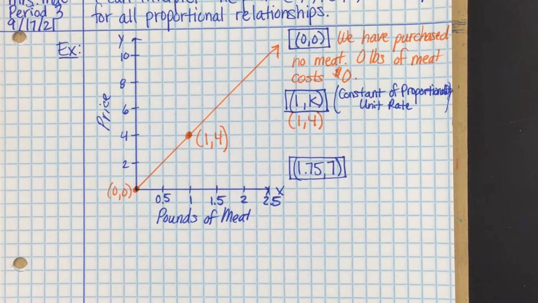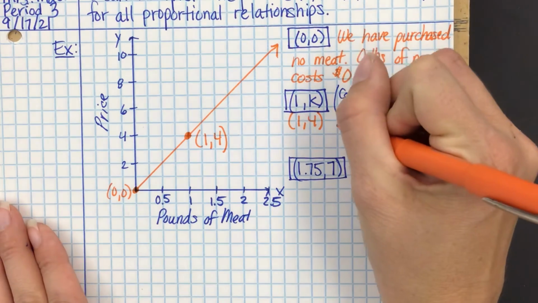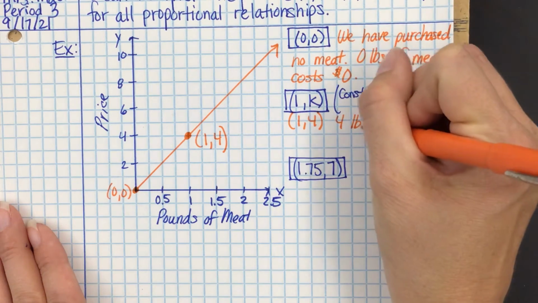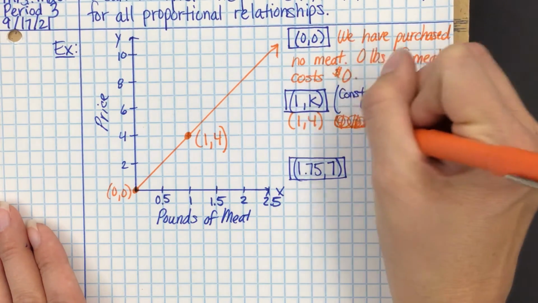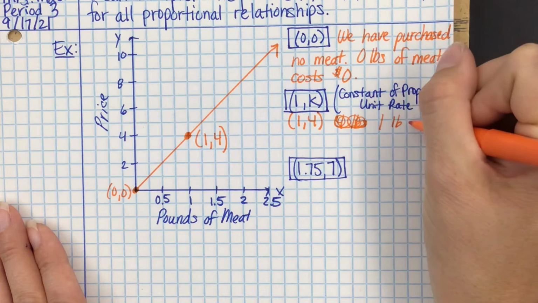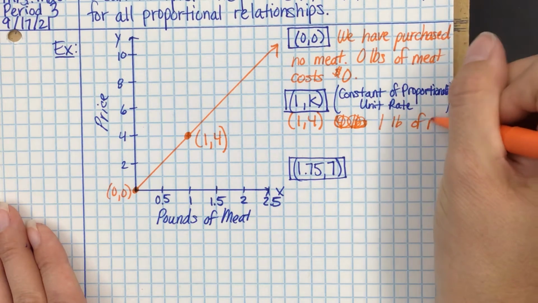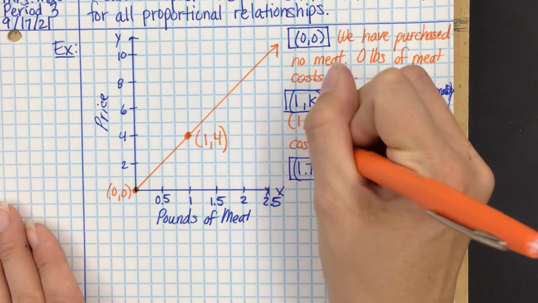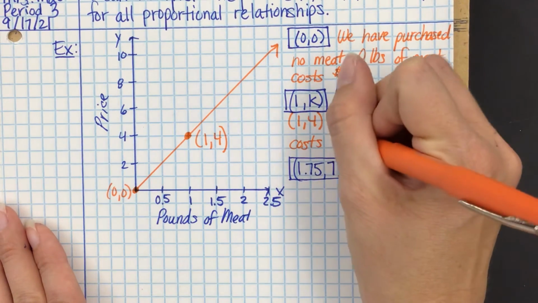And since this is our constant of proportionality, you guys already have a lot of experience telling me what this means. So we can say for 1 pound of meat costs $4.